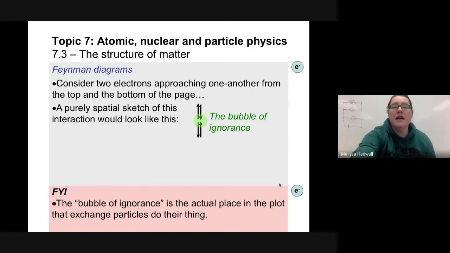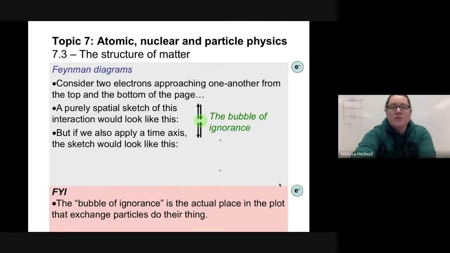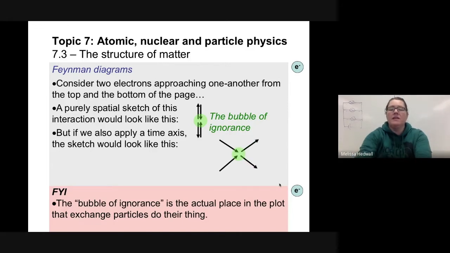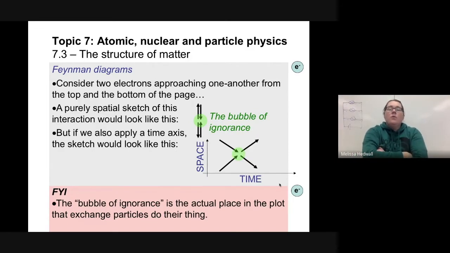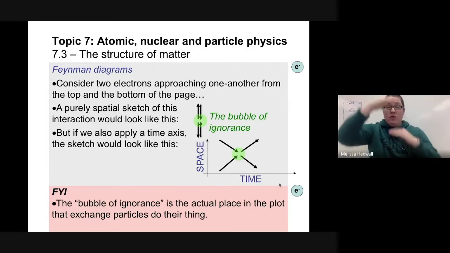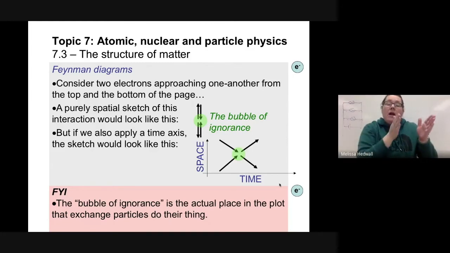And so if we just were talking about where things were, on the y-axis, this is what we would see. However, we also know that time is going by concurrently with the motion. And so the way that this Feynman diagram will look is like this, where we have the back and forth going, but it also is indicating that time is passing while the particles are going up and down.